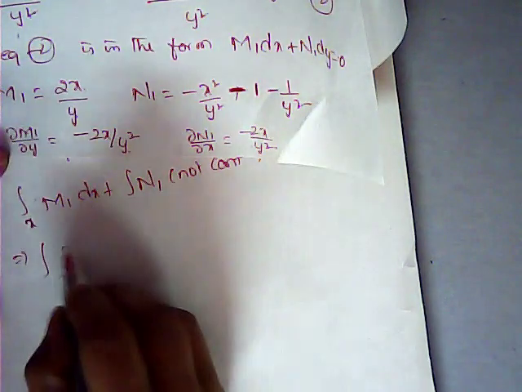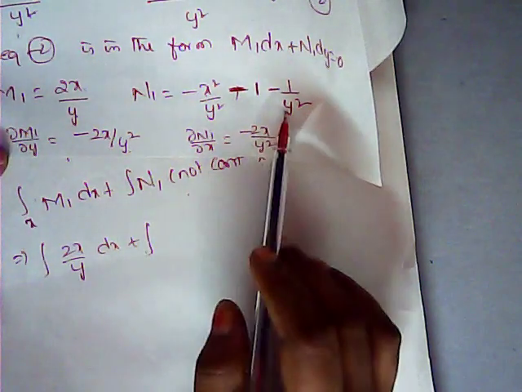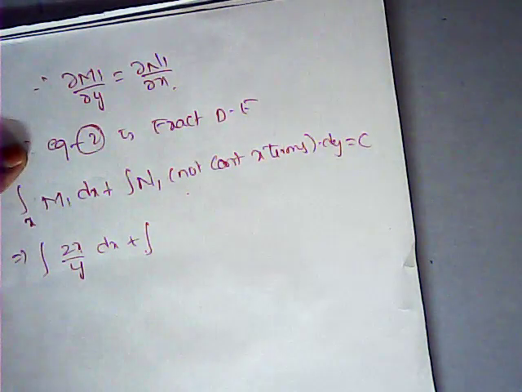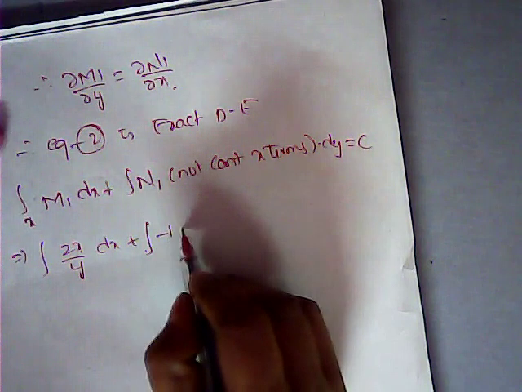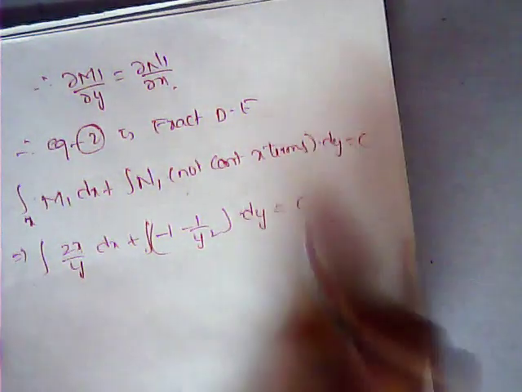M1 is 2x by y, into dx, plus integration of n1 not containing x terms. Only the y terms: minus 1 by y square, whole into dy, is equal to c.